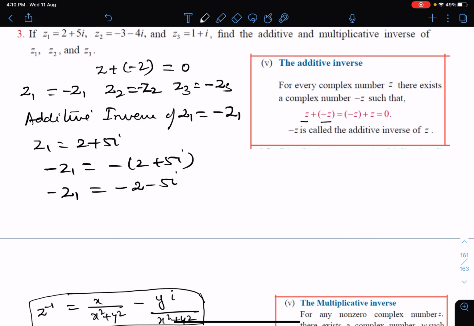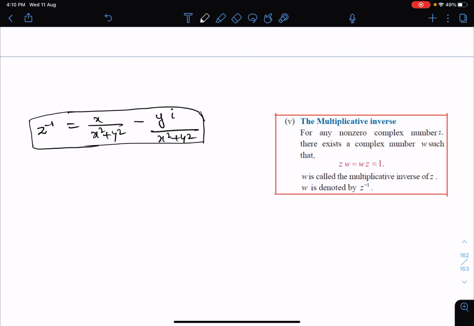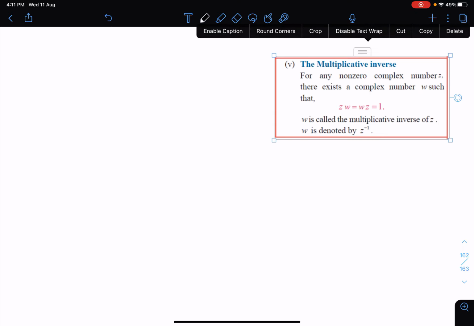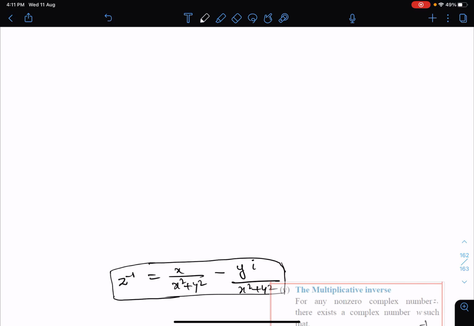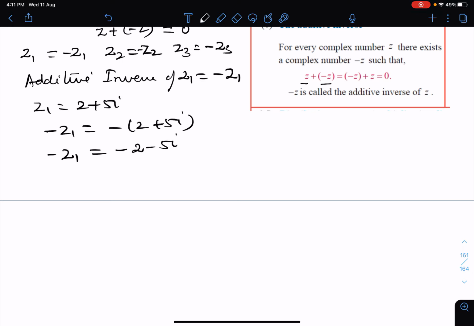Similarly, additive inverse of... this is going to give you the multiplicative inverse, okay, we'll see that afterwards. Second one, additive inverse of Z2. Same way, minus Z2.